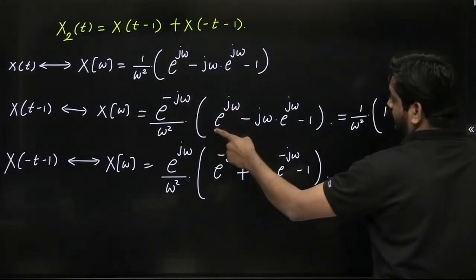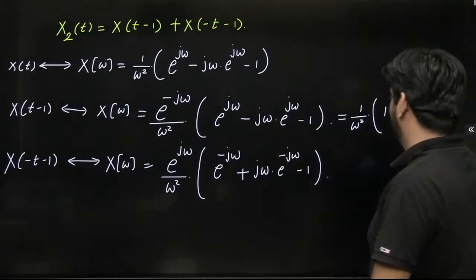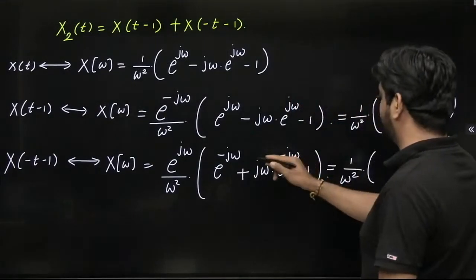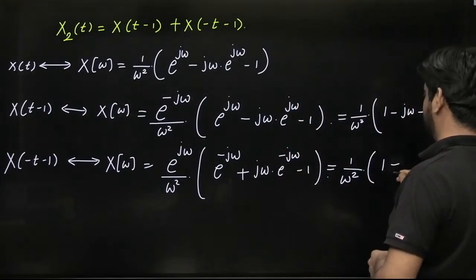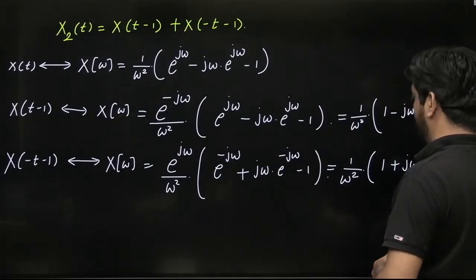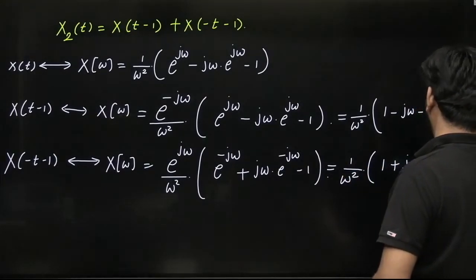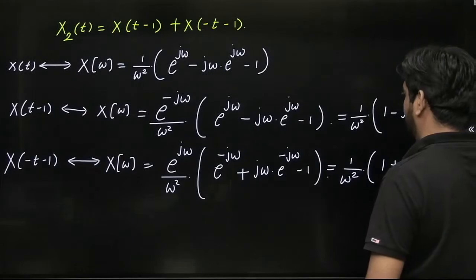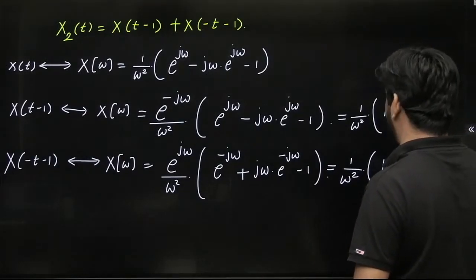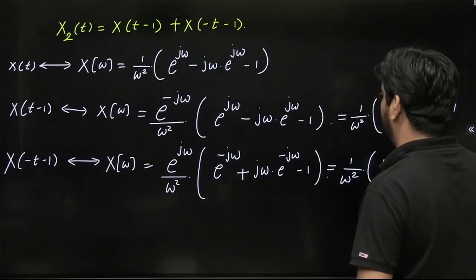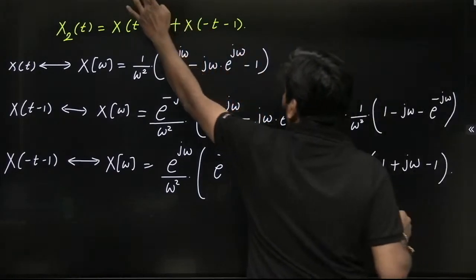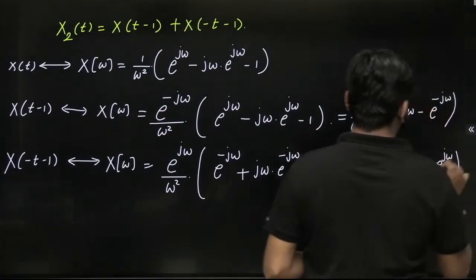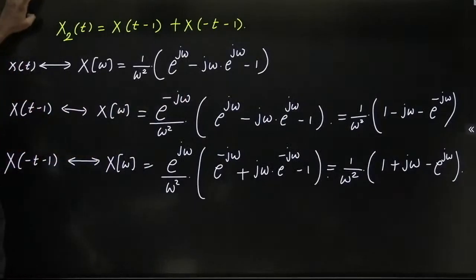Here if you multiply inside, guys, are you getting? Correct. And here if you multiply, then 1 upon omega square, this is 1 plus j omega minus e power j omega, correct? Now we have to add these two things, guys.